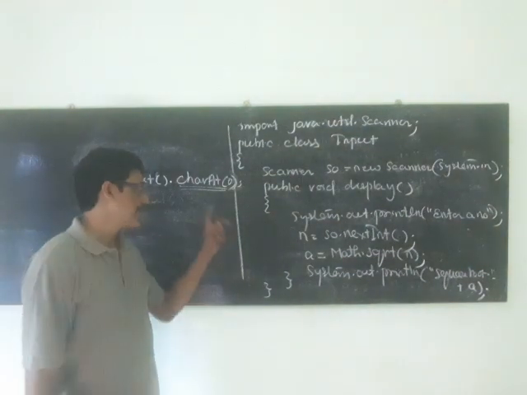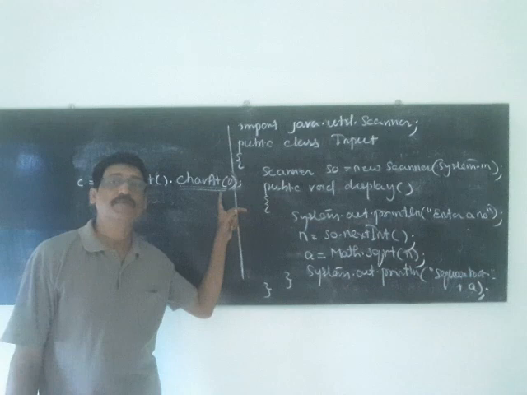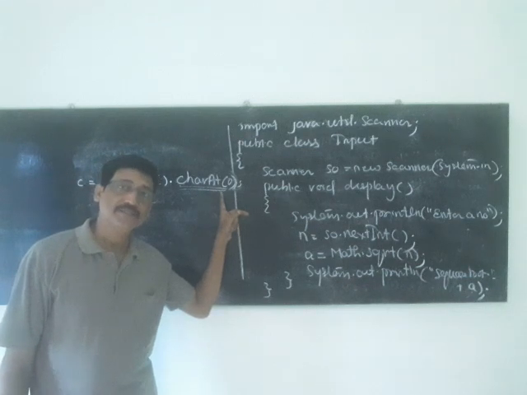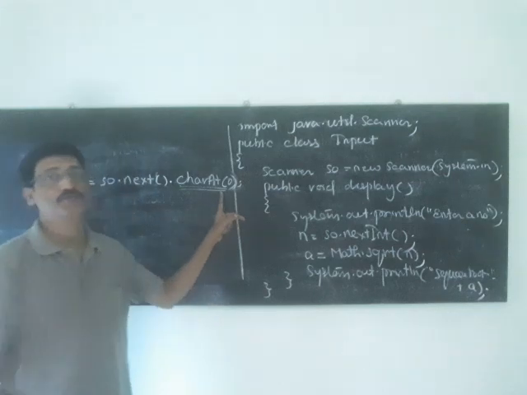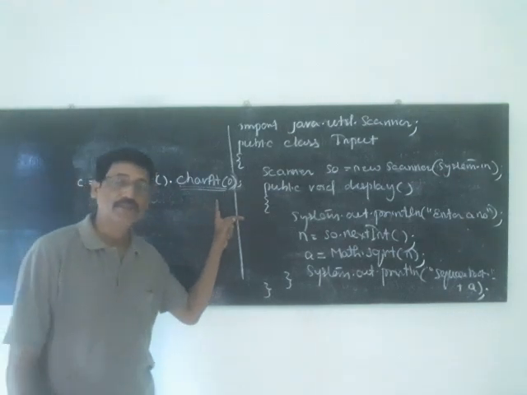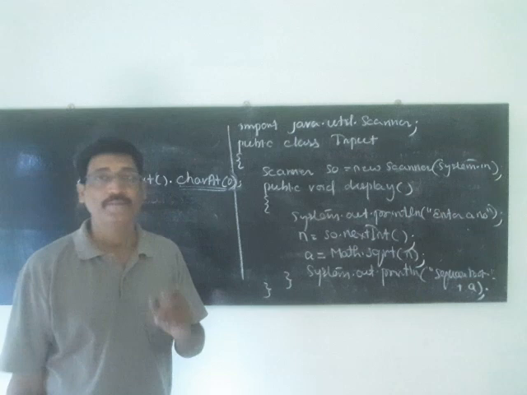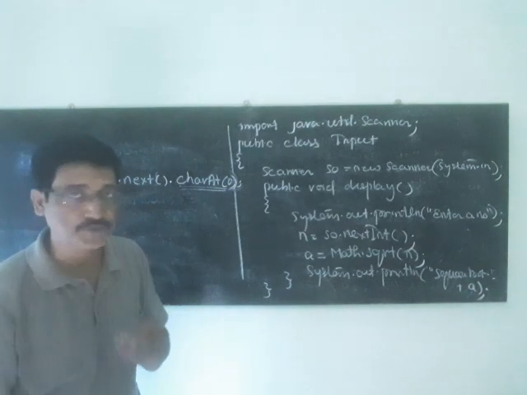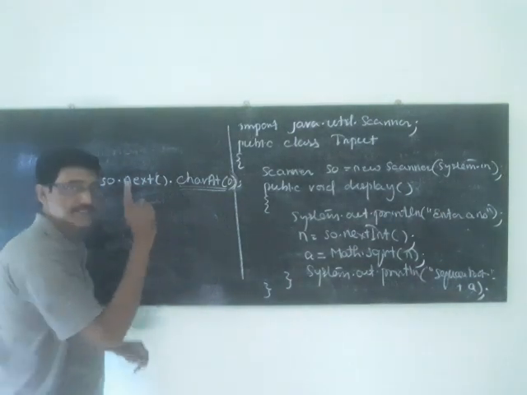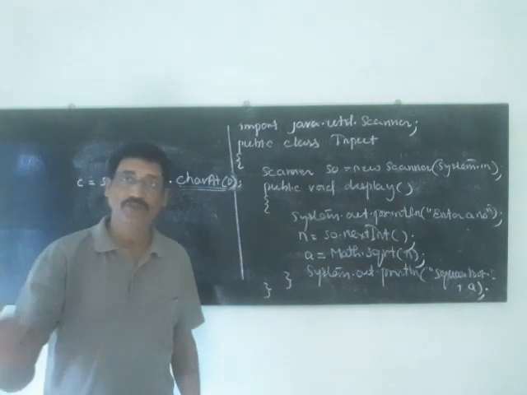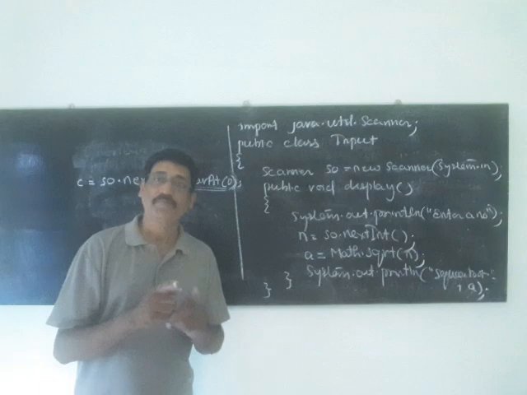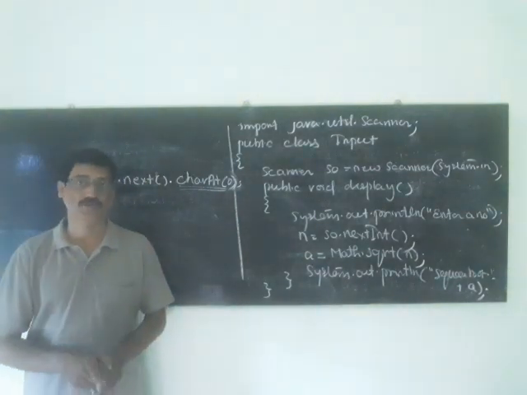The charAt function is used to find the character present at a given index position. Now I am going to find a single character. The string may consist of more than one character or a single character, but the index of the first character is 0.